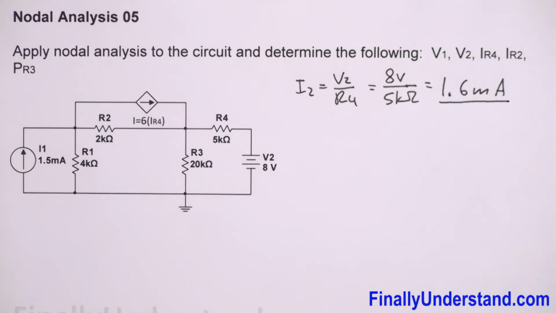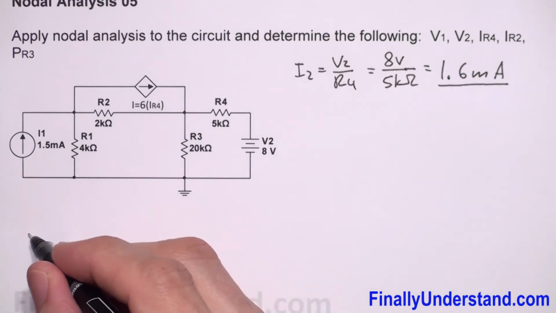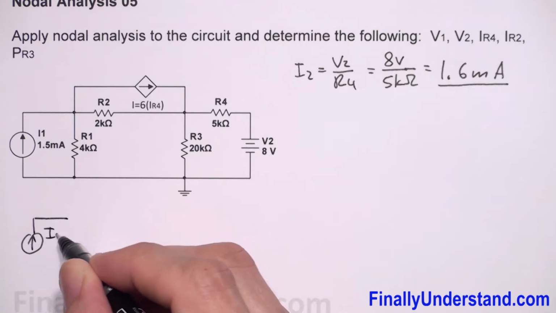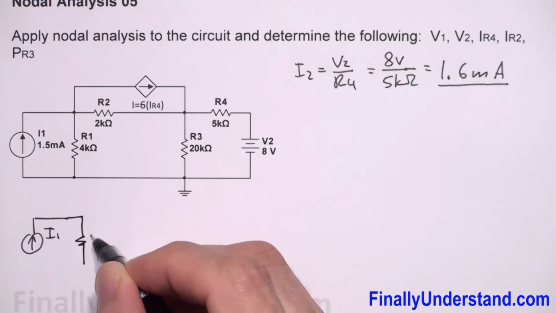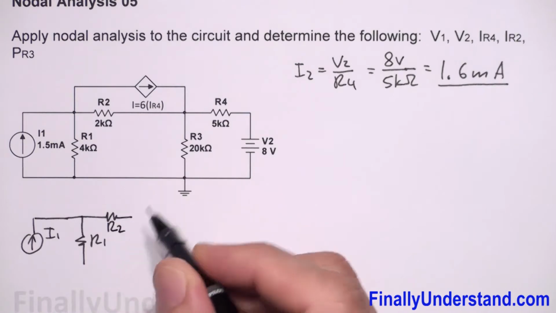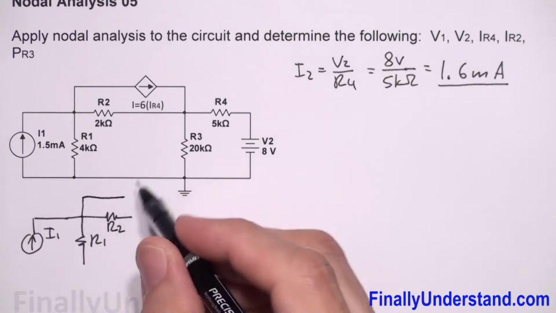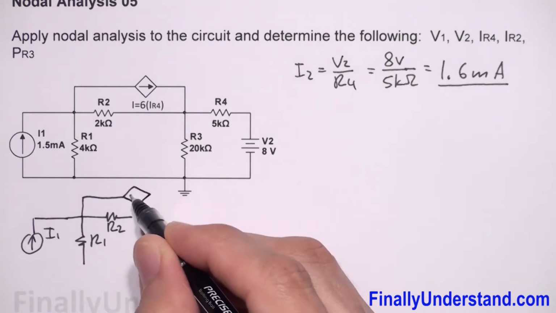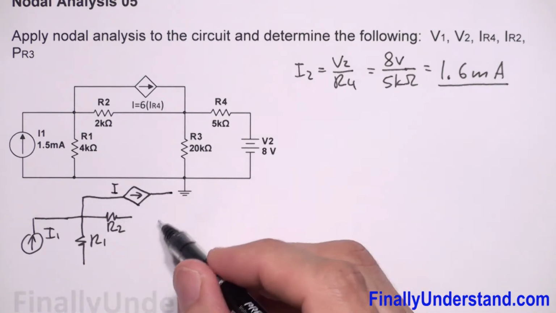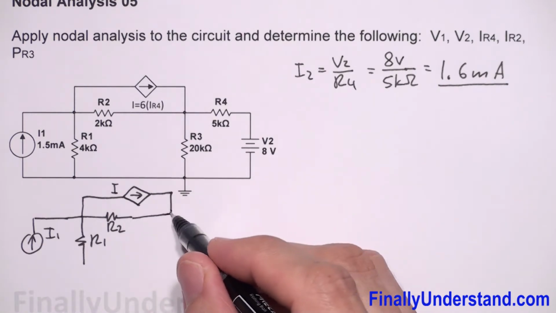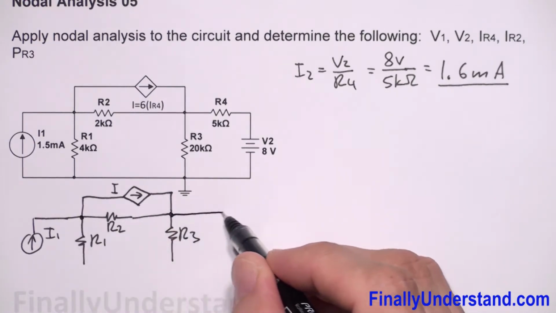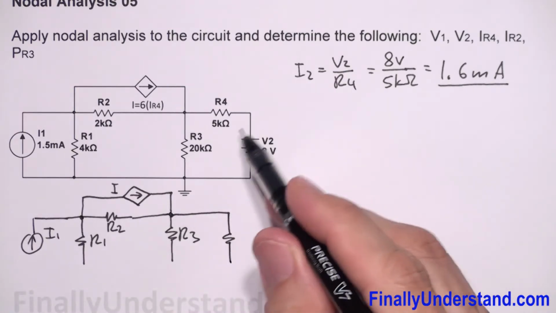Okay, next I'm supposed to redraw the circuit. So I have my independent current source, I1, and I have resistor R1, resistor R2, and I have the dependent current source, and this is my current I, and I have resistor R3, and I'm going to have my resistor R4 over here because we converted the voltage source to a current source.